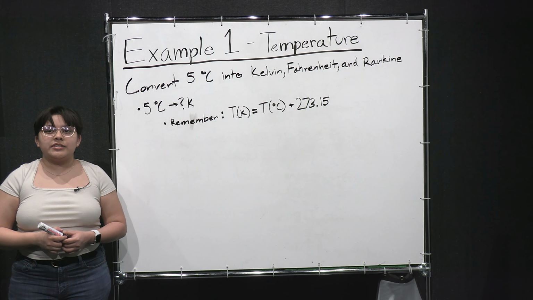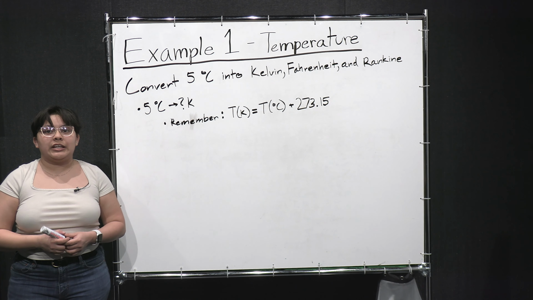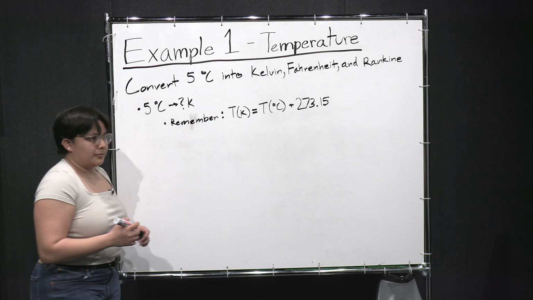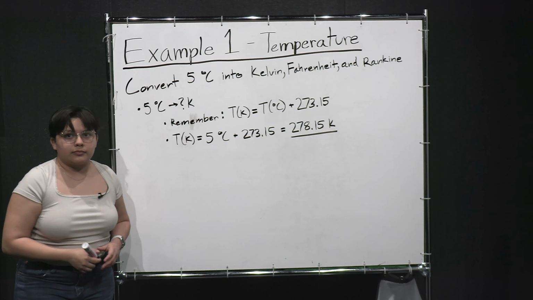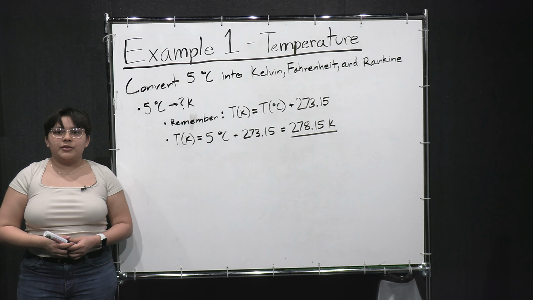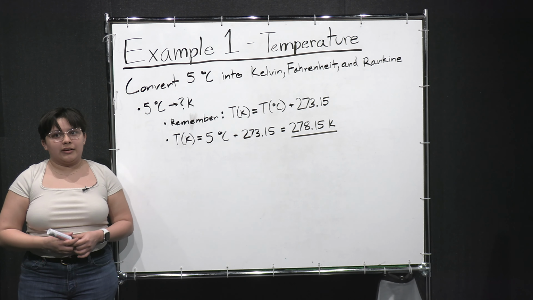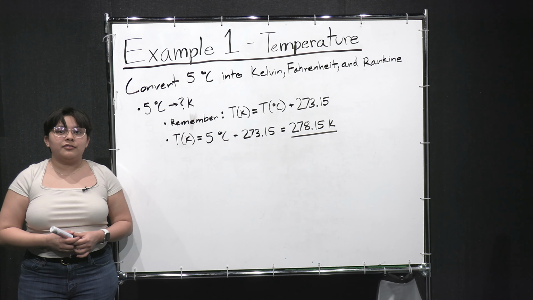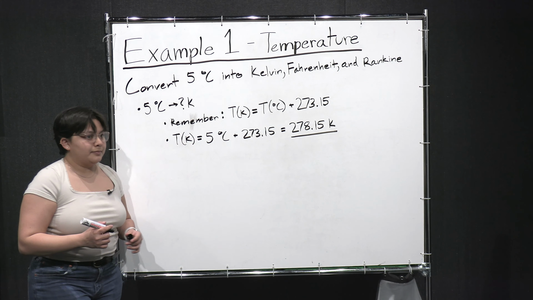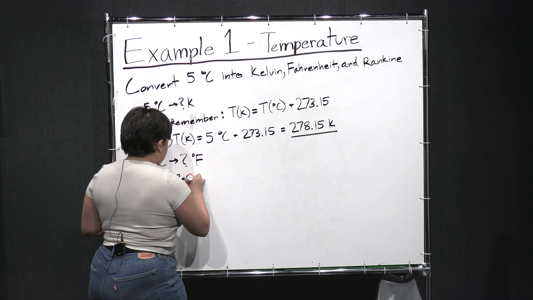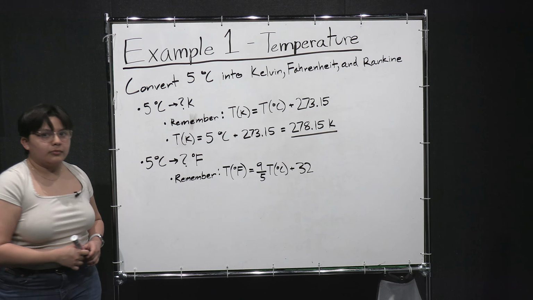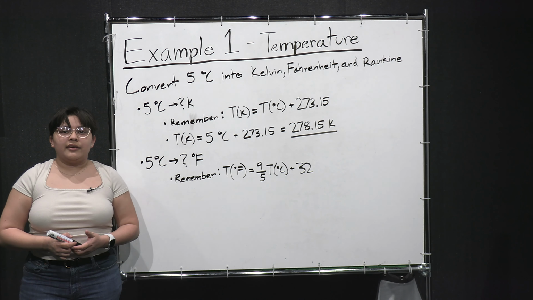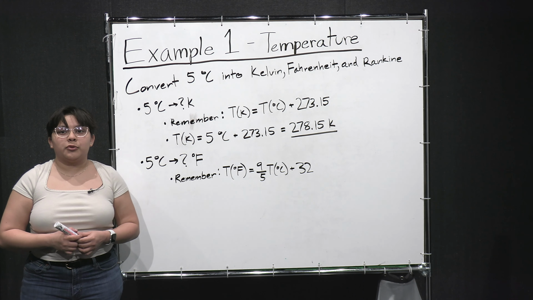Meaning that 5 degrees Celsius is equal to 278.15 Kelvin. Next, we are starting with Celsius and want to get to Fahrenheit, so we must multiply by 9/5 and add 32. Meaning that 5 degrees Celsius is equal to 41 degrees Fahrenheit.